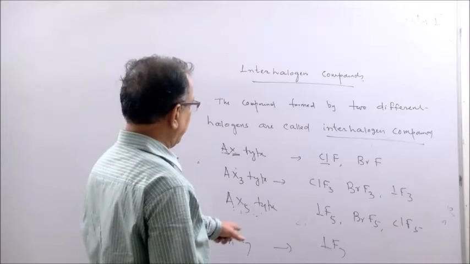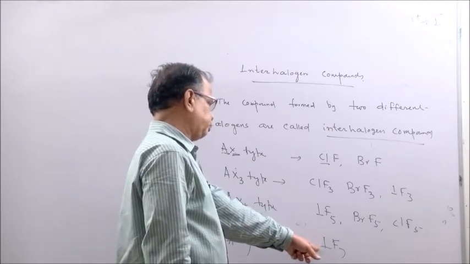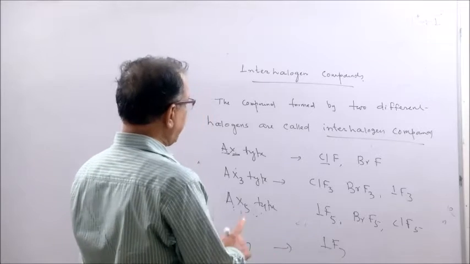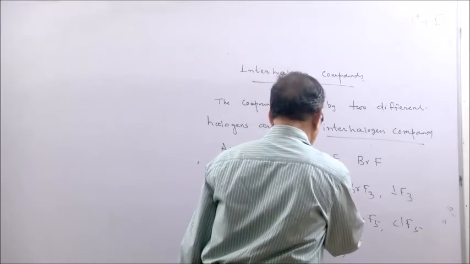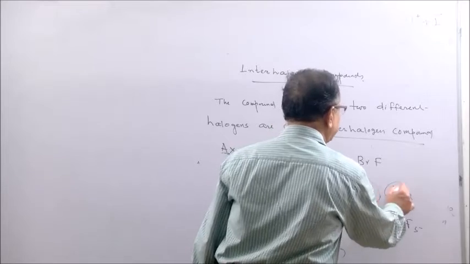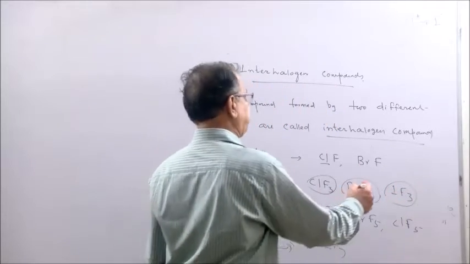Due to bigger size, iodine easily forms 7 bonds. In this case, the structure of ClF3, BrF3, IF3 is T-shaped.